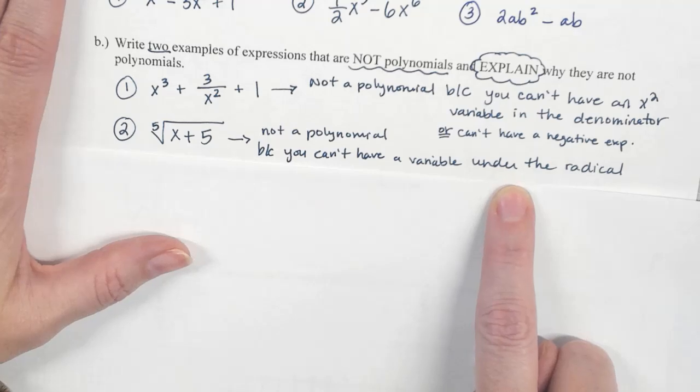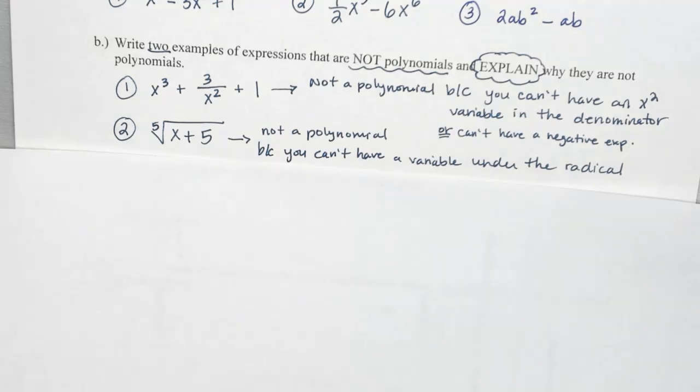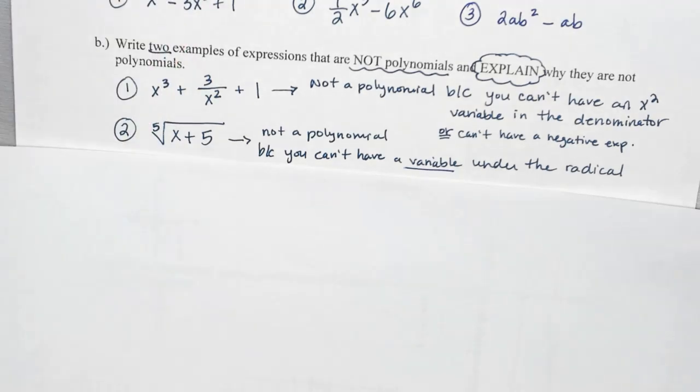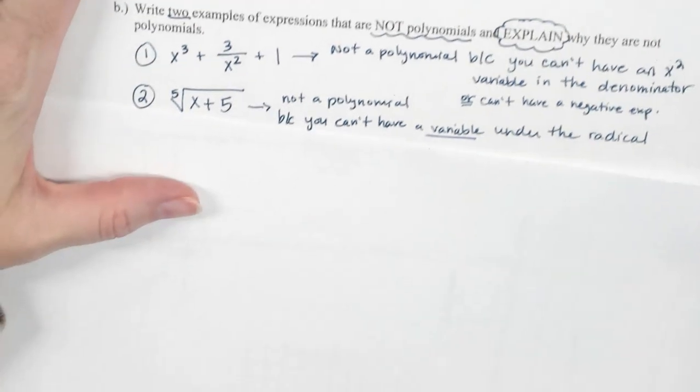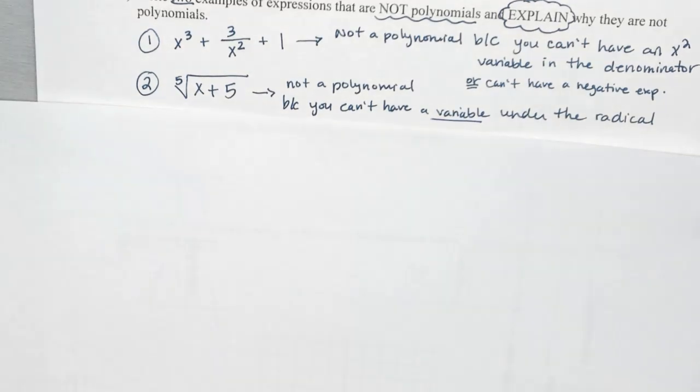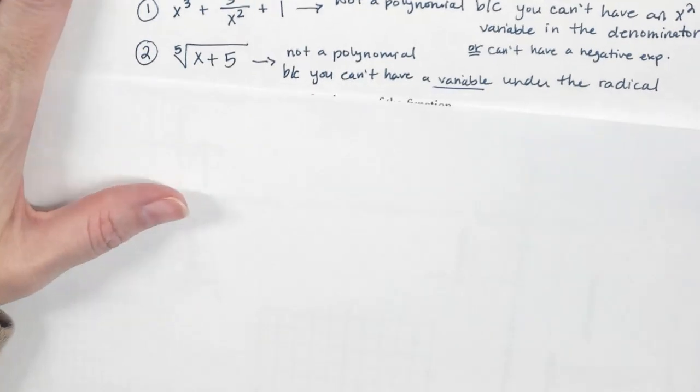That's fine. You could even have a square root of 3. That's just a number. The main thing is that you can't have a variable under the radical. So make sure that you understand that some of these are going to require some explanations. Okay, and we have to be able to write those out in words and not just symbols.